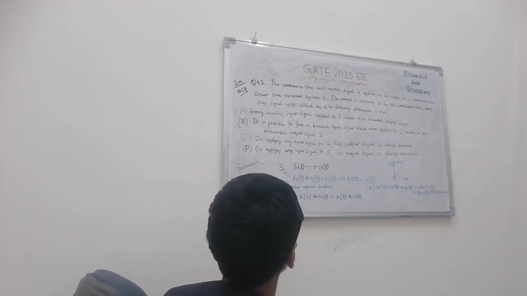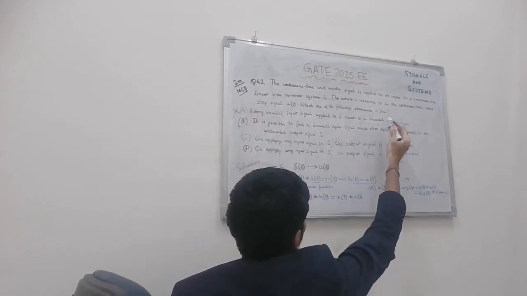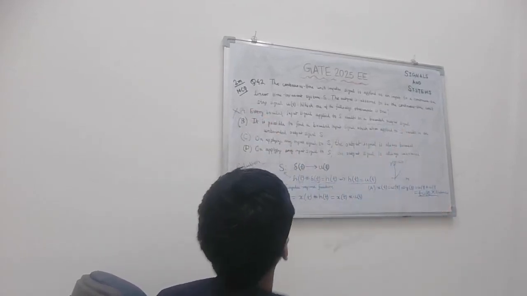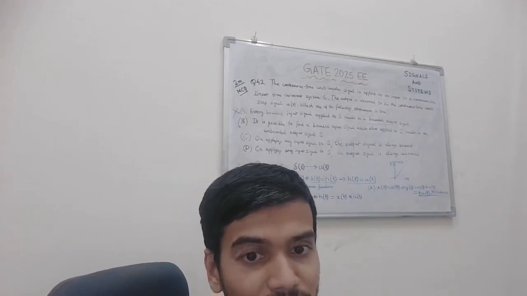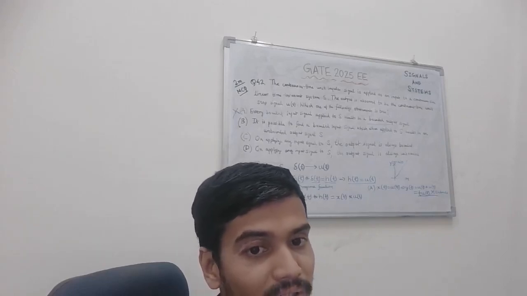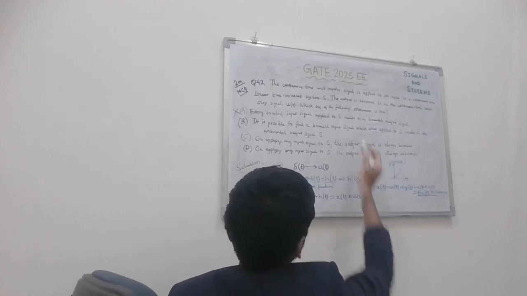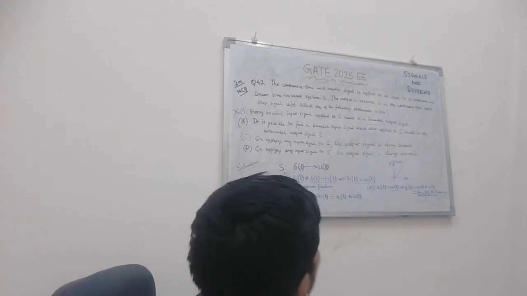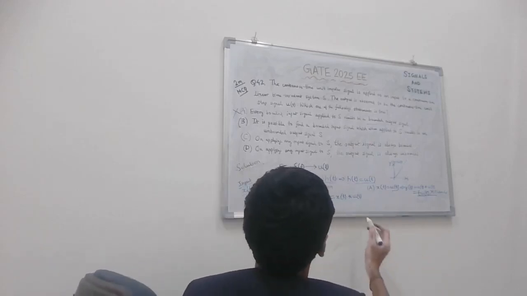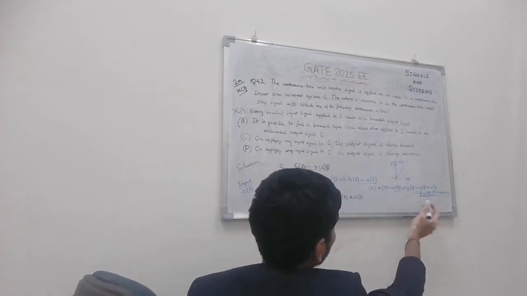So is every bounded input signal giving a bounded output? No, it's not bounded. Next, option B: it is possible to find a bounded input signal which, when applied to S, results in an unbounded output signal. The bounded input signal in this case was the unit step signal u of t, such that we got the output signal y of t, which is t u of t, which is unbounded.